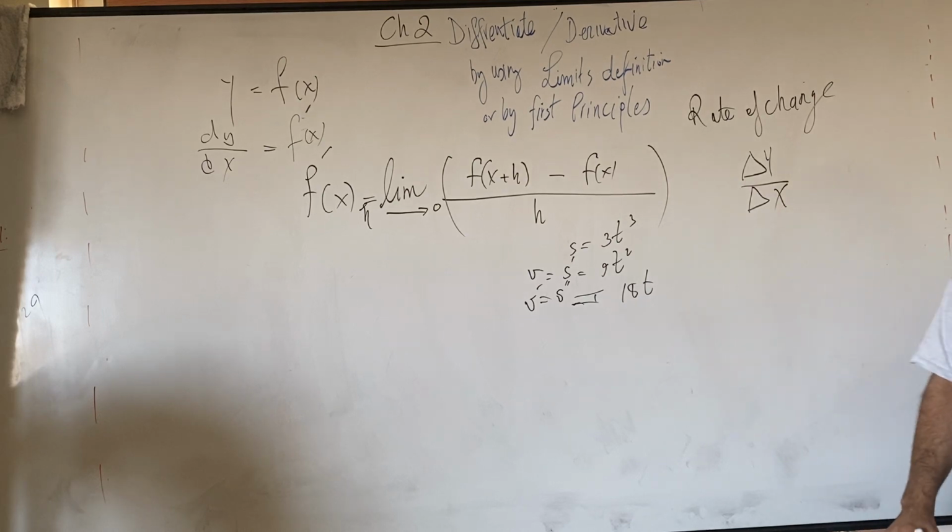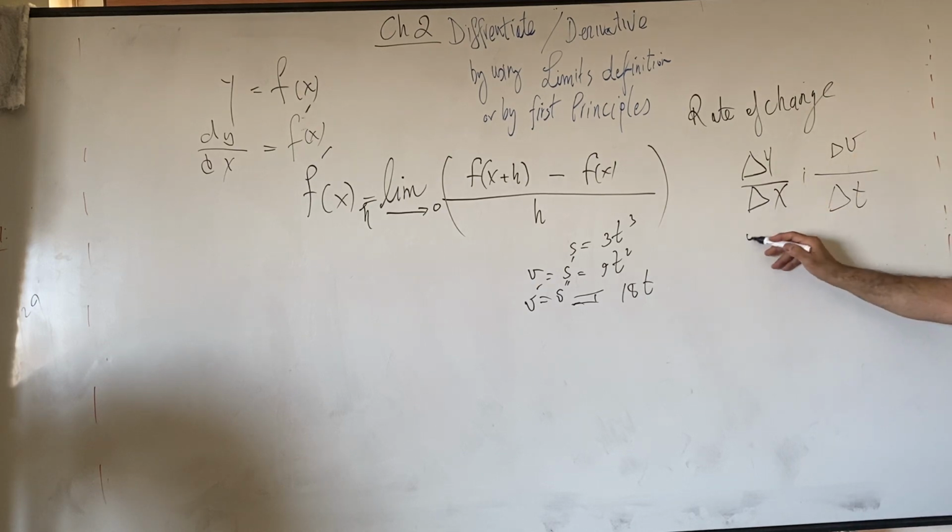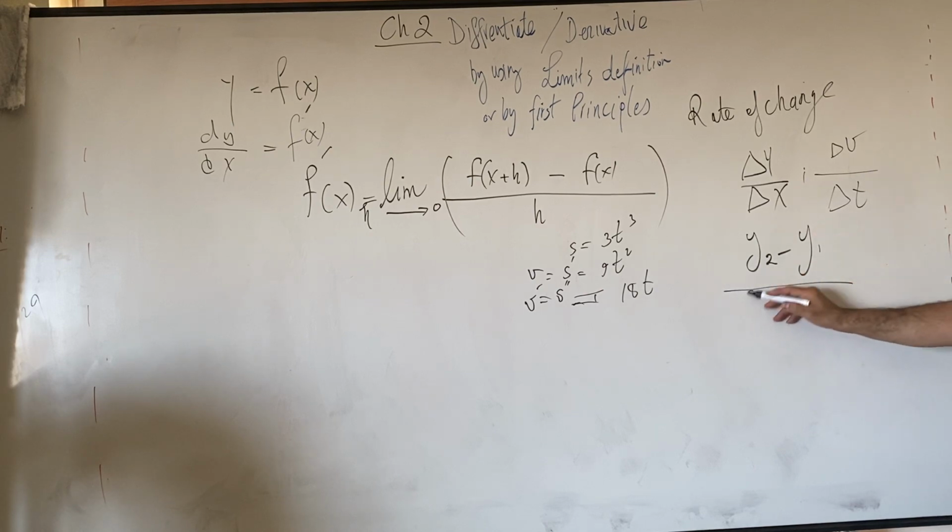But in an application, rate means change in time. It could be change in speed, acceleration, power, force, anything with direction. Simply the second value minus the first, the final value minus the initial value, divided by the second minus the first.